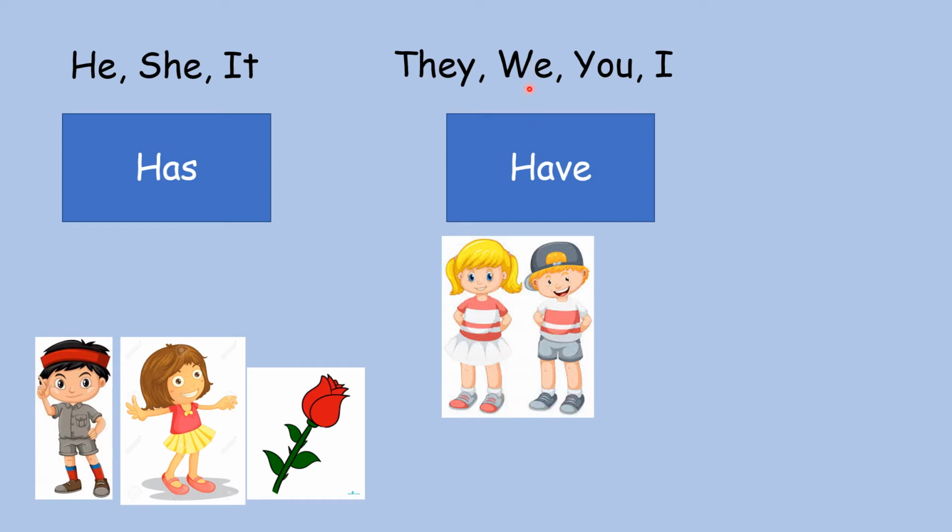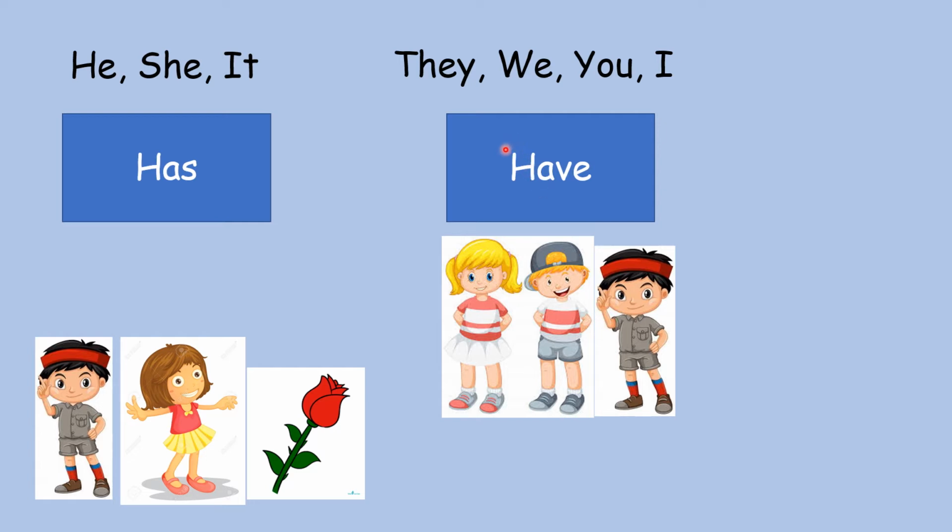You can say we have shoes on. Or if you're talking about one person or two people, you can say you have your shoes on. And if you're talking about this boy who is all alone, you can say I have my shoes on. So for the pronouns they, we, you, or I, the word have is used.